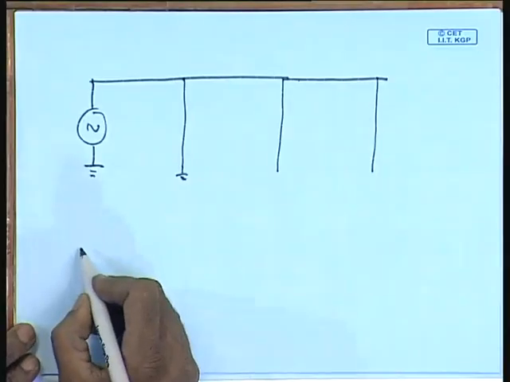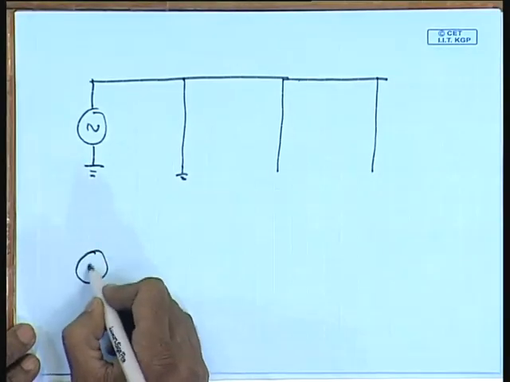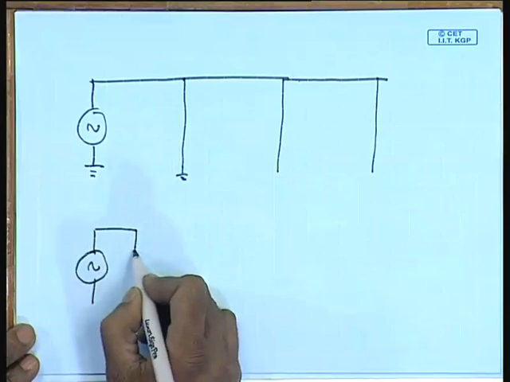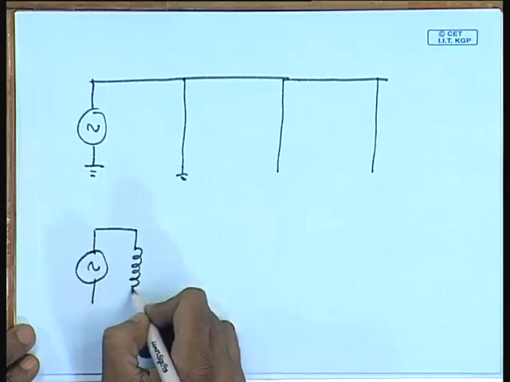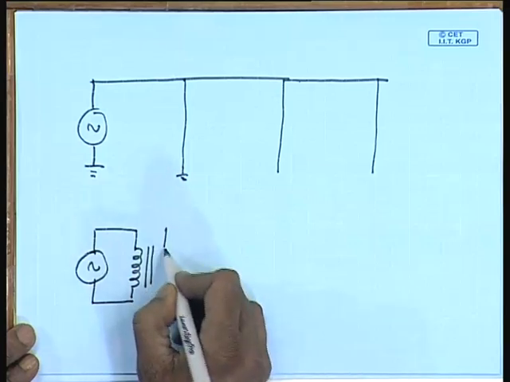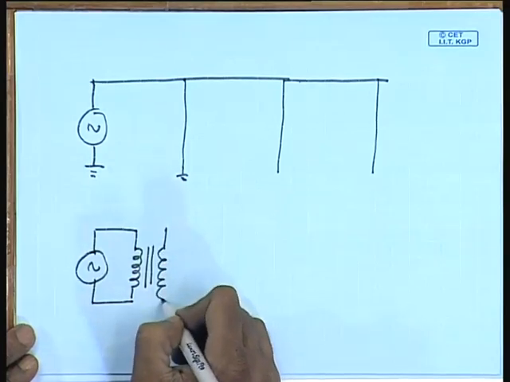So, the general construction will be: you have this generating station which will feed a transformer. The transformer will be connected to the transmission line.